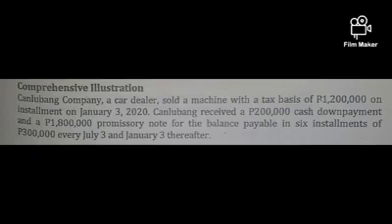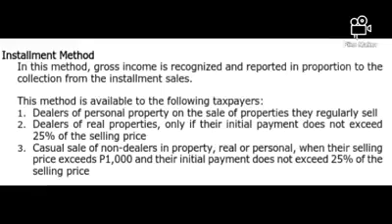Okay, Canlubang Company is a dealer of cars. But then, in the illustration, what was sold is a machine. So, clearly, the sale here is a casual sale. So, this falls under number 3.